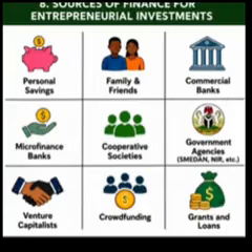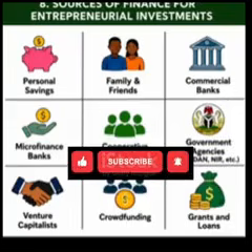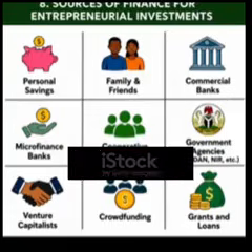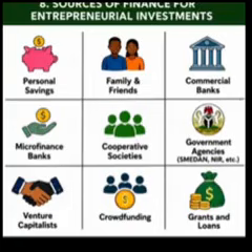We have commercial bank, they take loan from commercial bank, microfinance bank, cooperative society, they can take loan from there. Then government agency, government support, government funding. Then venture capitalists, they can approach investors, crowd funding, and grants and loans. So these are basically the sources of capital or sources of finance of an entrepreneur.